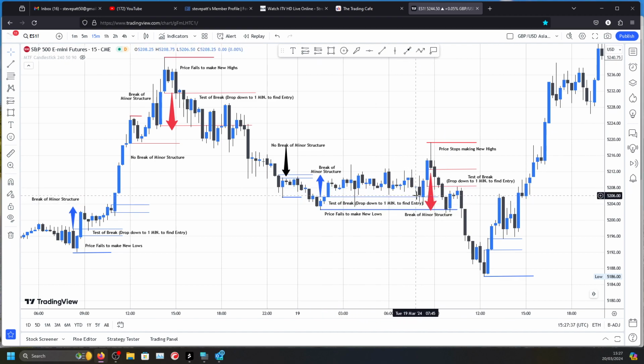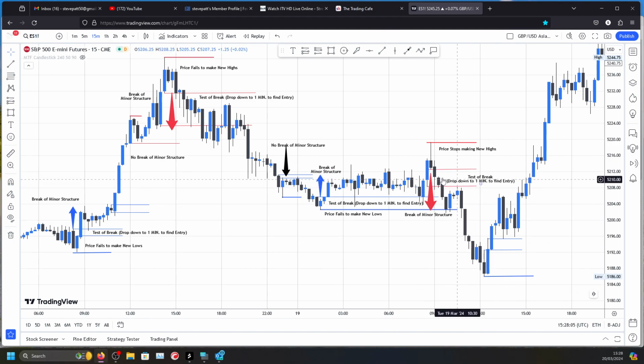So if you've gone long in here and you're seeing this bearish action, after you start seeing this, you've got to be thinking of getting out of any long trades, once you see price failing to make new highs and breaking through minor structure points. See, then price came back, tested this level and dropped again.